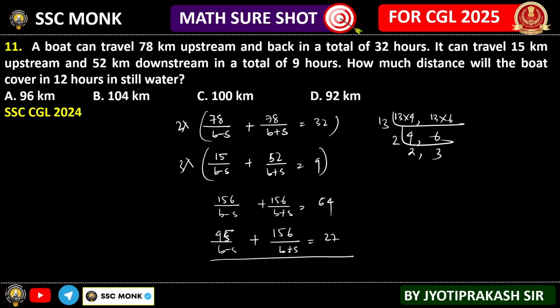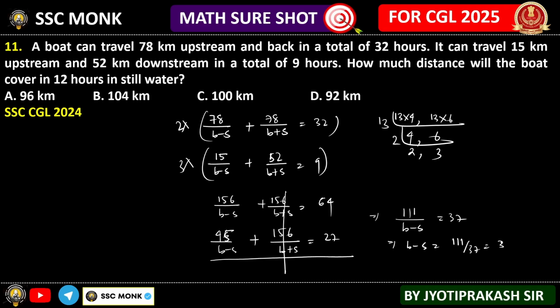Now when I take out the difference, this is gone. So 156 minus 45 is equal to what? 111 divided by boat minus speed is equal to 64 minus 27, that is equal to 37. Sir, boat minus speed is equal to 111 by 37, that is equal to 3.